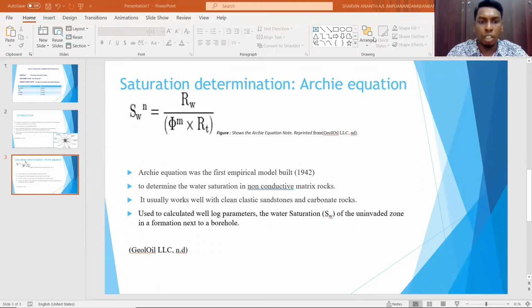It is now used to calculate well log parameters, the water saturation of the uninvaded zone in the formation next to the borehole. So as you can see in the formula, Sw is the water saturation, n is the saturation exponent, and Rw is the formation water resistivity, and phi is the porosity, m is the cementation exponent, and Rt is the true resistivity of the formation.